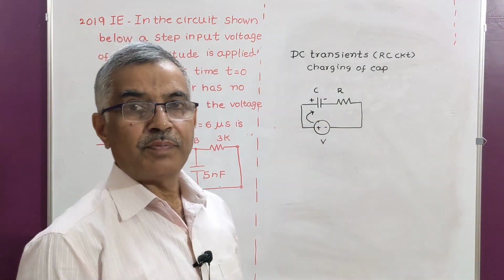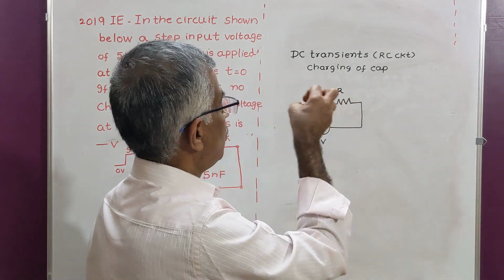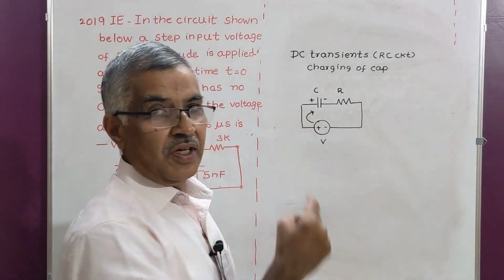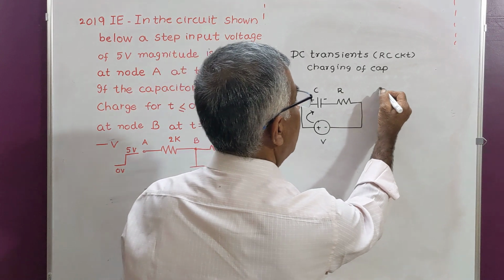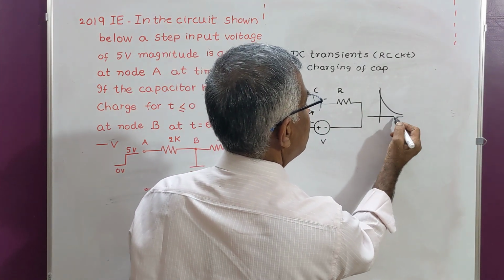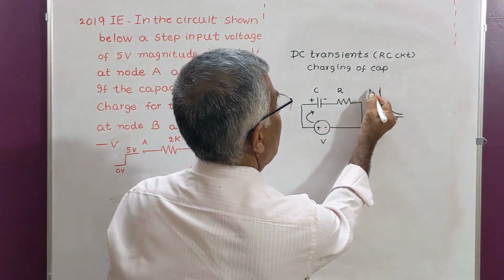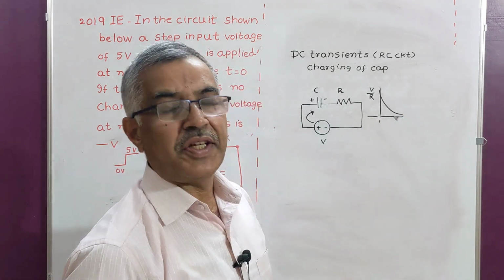Larger the resistance, longer is the time taken by the capacitor to acquire V volts. Ultimately, C will acquire V volts. Then current in the circuit stops. So charging current will be like this. This is charging current. It falls from V by R to 0 in time t equal to infinity.